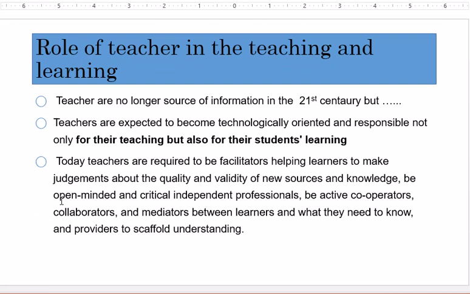So the role of teachers in teaching and learning, I think I need not tell you about how teachers should be, because today teachers are no longer just information providers.